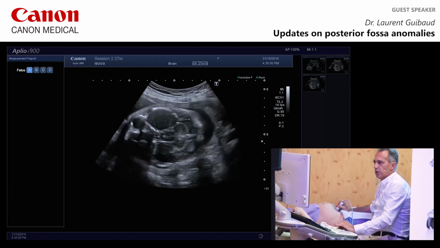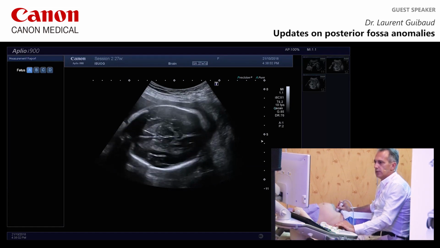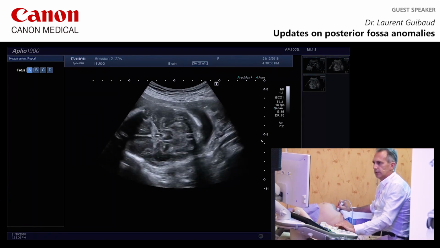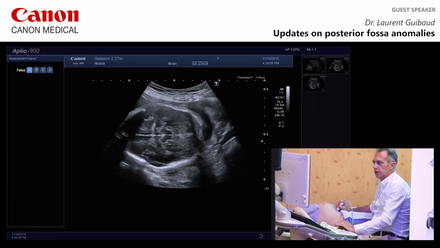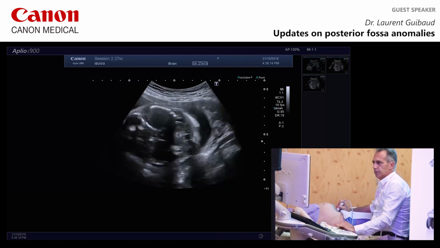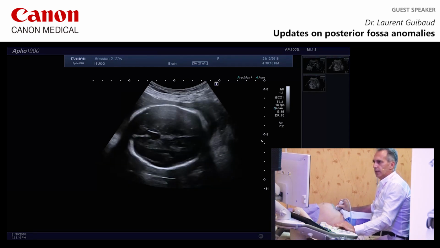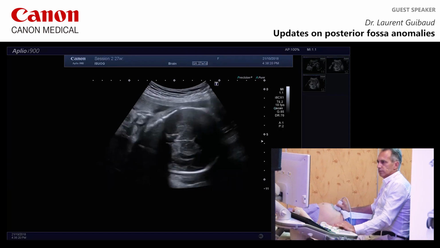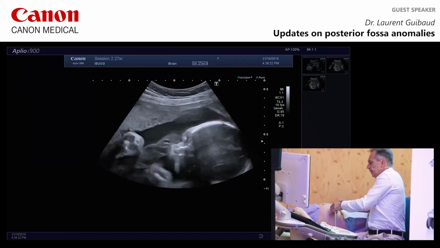So if you have any question on the axial plane, you see here clearly the peduncle. We can also move to the coronal plane, but I will try.